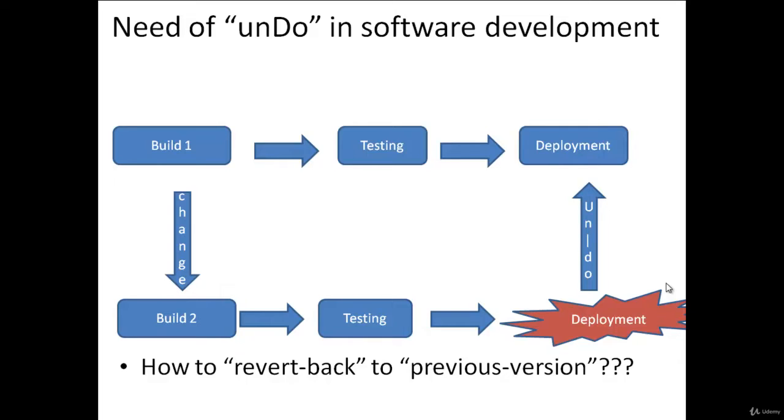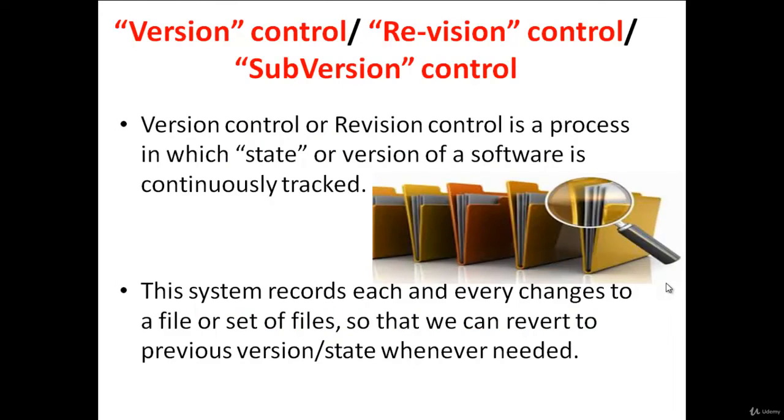There are many version control tools available in the market, but in this module we're going to talk about Git and GitHub. Version control, revision control, and source control are all the same thing. Version control is a process in which the state or version of a software is continuously tracked.